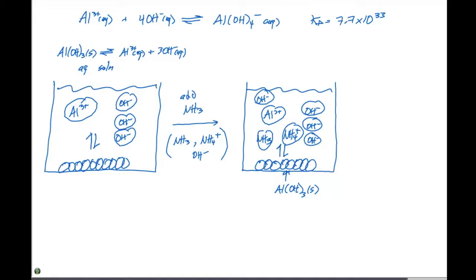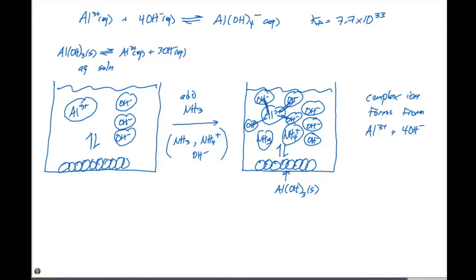The thing that's going to happen here is we're going to form a complex ion. So our complex ion forms from aluminum 3 plus interacting with 4 OH minuses. So what happens is, and I'm going to throw some extra OH minuses in here to kind of prove the point, we get a complex ion that forms between the aluminum and 4 of these ions in solution.